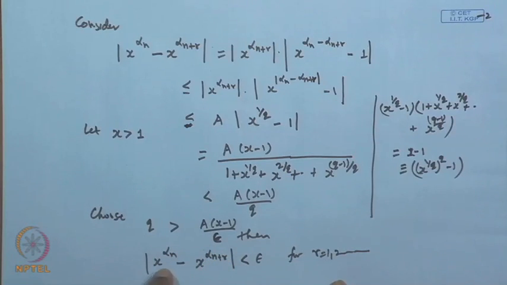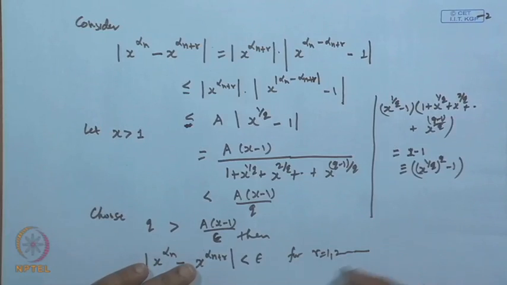So, what does this show? This shows that if x to the power alpha n is a sequence of real numbers, then it satisfies the condition of convergence, because the difference between any two arbitrary terms of the sequence remains less than epsilon. So, x to the power alpha n minus x to the power alpha n plus 1 is less than this.